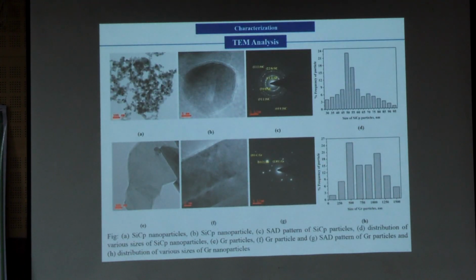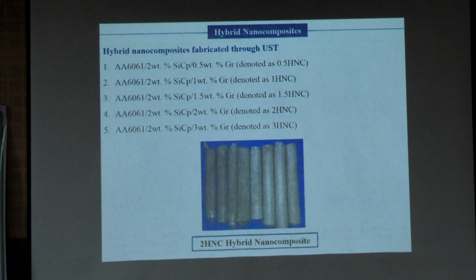And then this is TEM analysis to check the composition of these particles or composition of the matrix as well as particle size, etc. So once you ensure the particles are in the nano level and the purity is good, then we can go for the fabrication. So right, these are the different specimens manufactured like this.